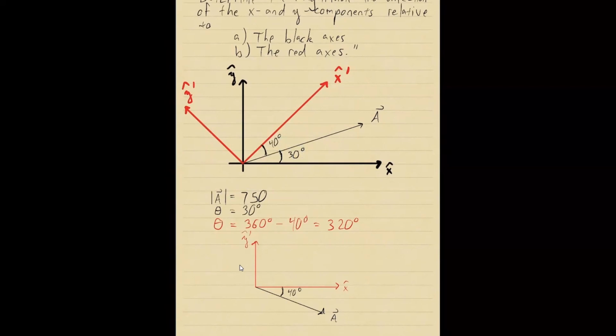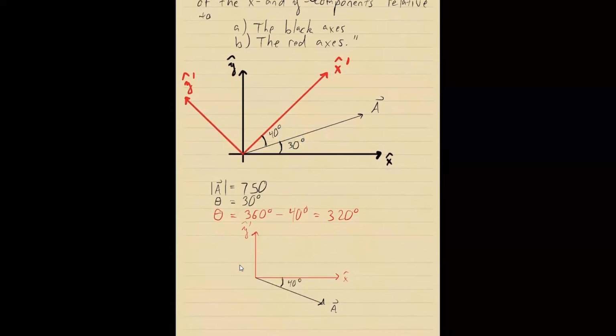We can use that convention and note that if we start from the x-axis and go clockwise, then we're not moving in the positive theta direction, we're moving in the negative theta direction. So for example, going from the positive x-axis clockwise to the negative y-axis would be minus 90 degrees, and then minus 180 degrees, minus 270 degrees, and finally minus 360 degrees.